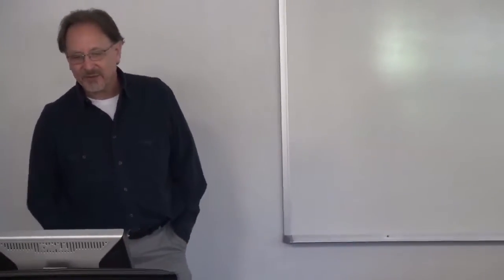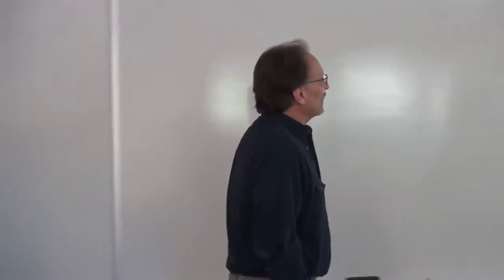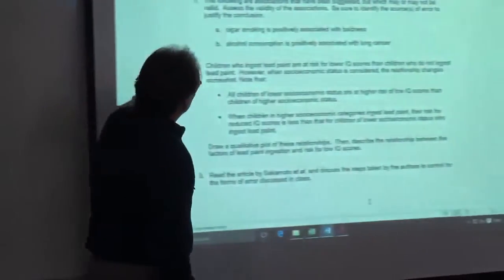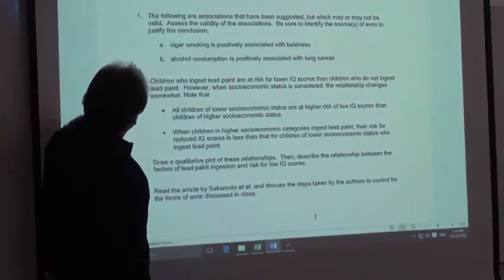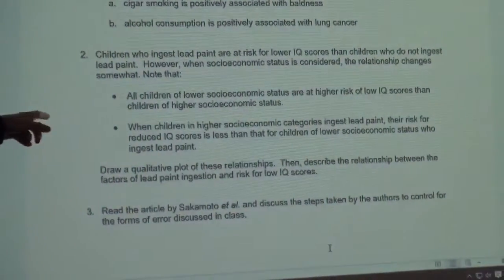All right. Now, let's talk about the second one. Children who ingest lead paint are at risk for lower IQ scores than children who do not ingest lead paint. I got this one from when I did my MPH at Rutgers. And you know where that is?